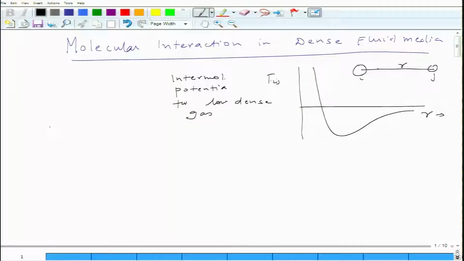But in the case of solute molecules in a liquid solvent, it interacts with the solvent molecules.